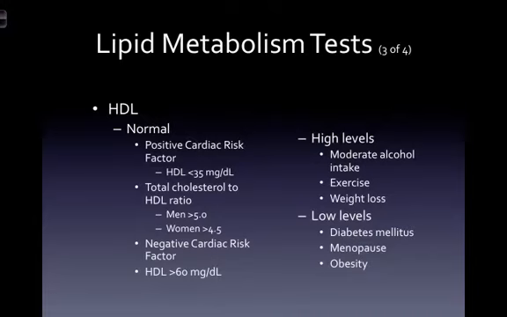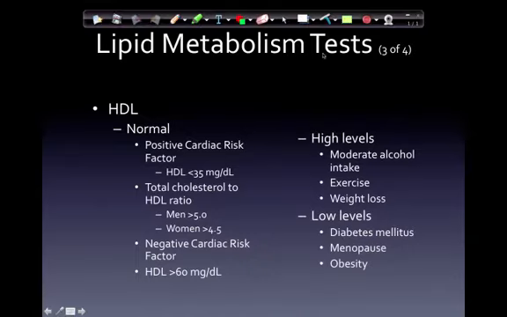Lipid metabolism continued. This is HDL, or high-density lipoproteins. Normal, positive cardiac risk factor, an HDL less than 35 milligrams per deciliter. Total cholesterol to HDL ratio in men, 5, and in women, 4.5.